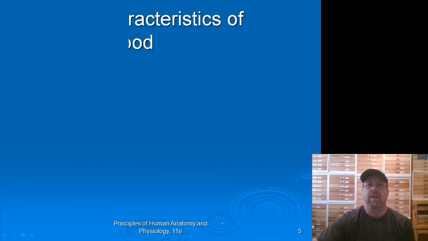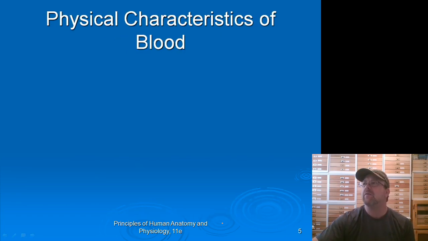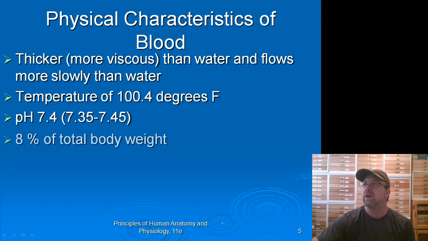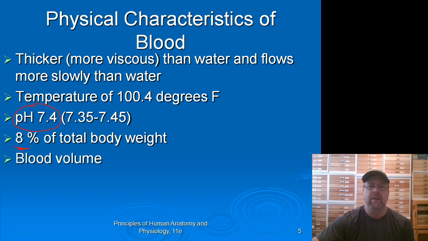Next we have the physical characteristics of blood. I'm not too worried about this. It's kind of interesting that it has a pH right around neutral. It's slightly basic. If you were to drain all the blood out of a body, it makes up about 8% of our body weight.